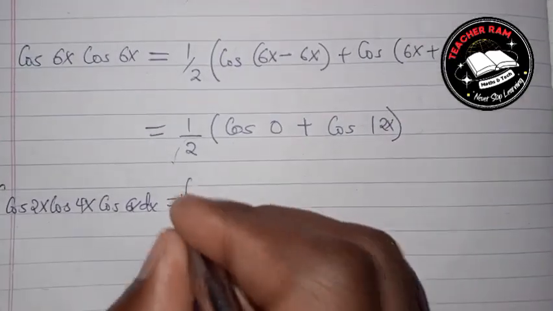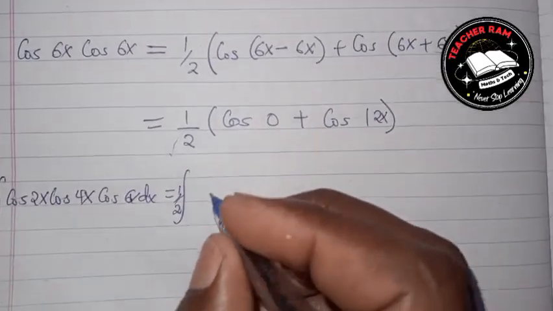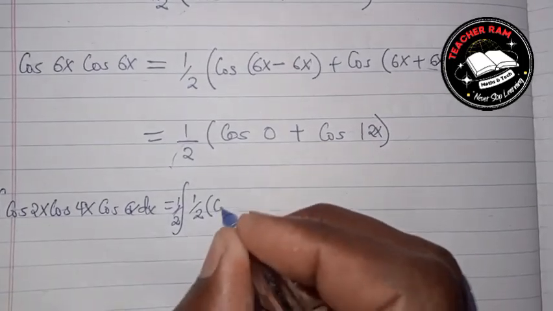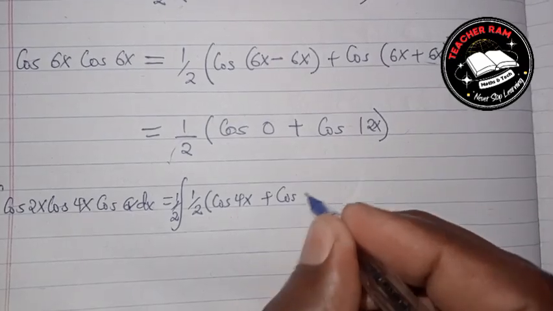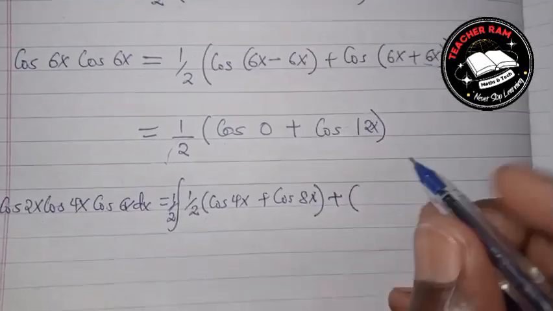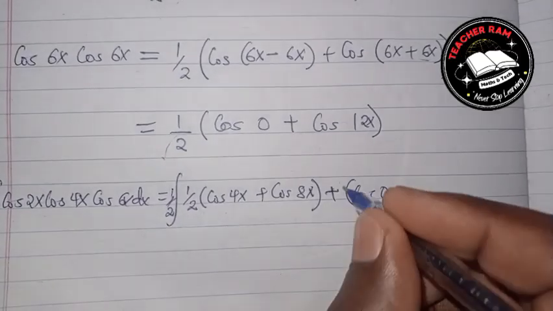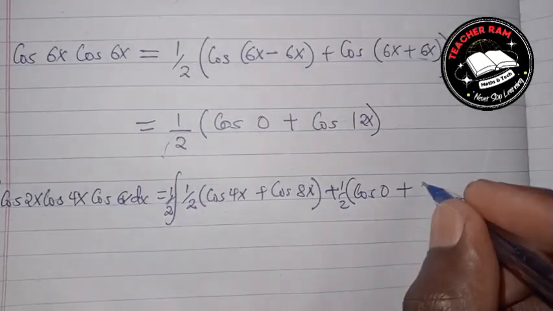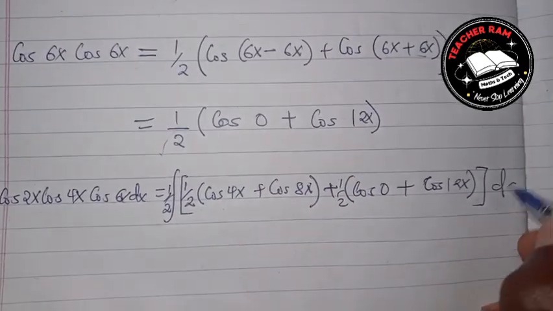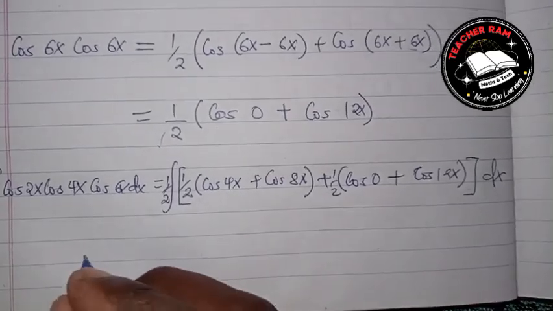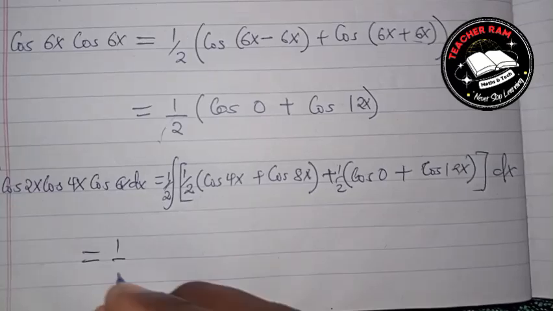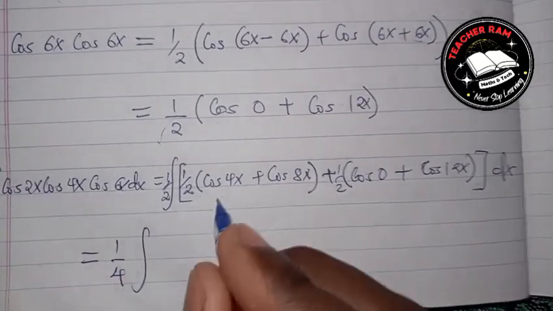So here will be 1 over 2 integral of, first result is 1 over 2 bracket cos of 4x plus cos of 8x, then plus the second one is 1 over 2 cosine of 0 plus cosine of 12x. Then all of this integrating with respect to x. So here 1 over 2 and 1 over 2 is common. Taking it out and multiplying by 1 over 2, it will be 1 over 4.